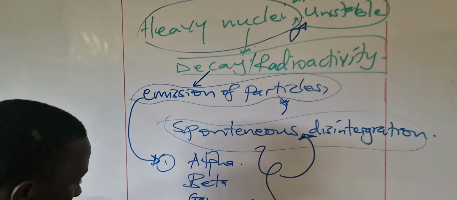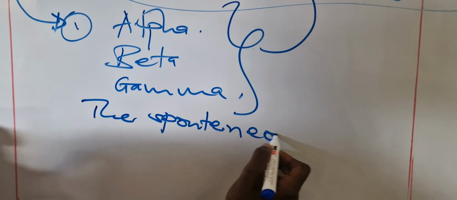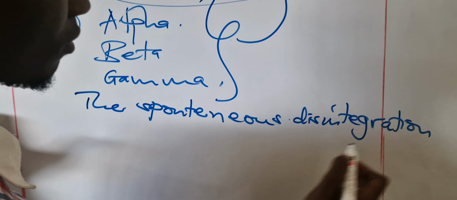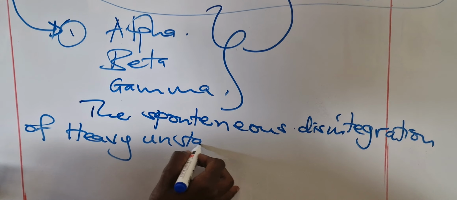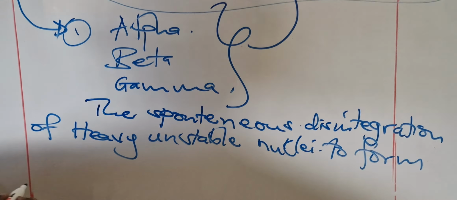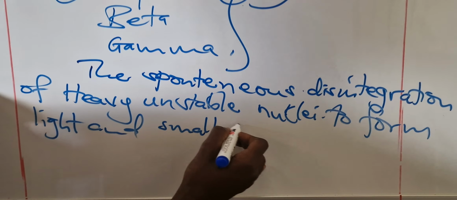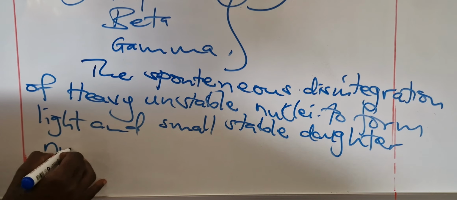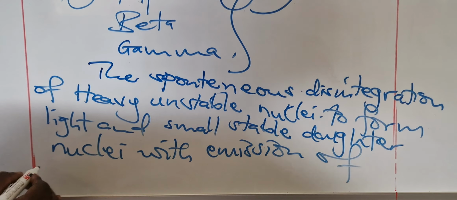In short, I'm saying that radioactivity is the spontaneous disintegration of heavy unstable nuclei to form light and small stable daughter nuclei with emission of particles.